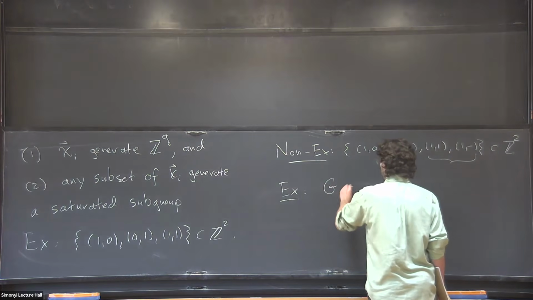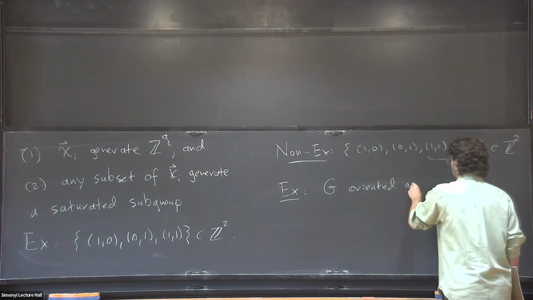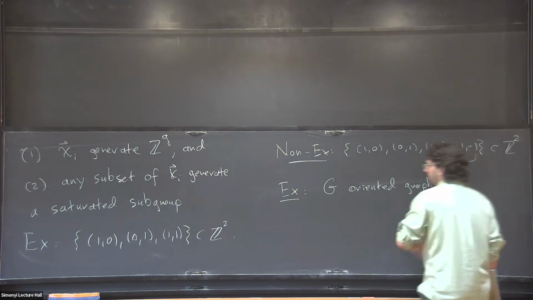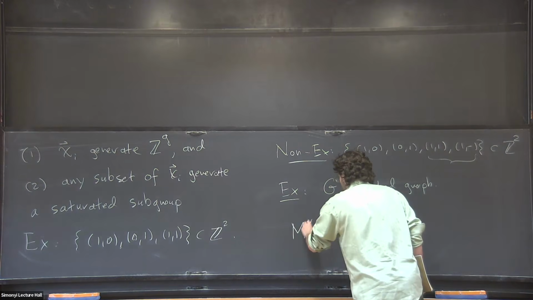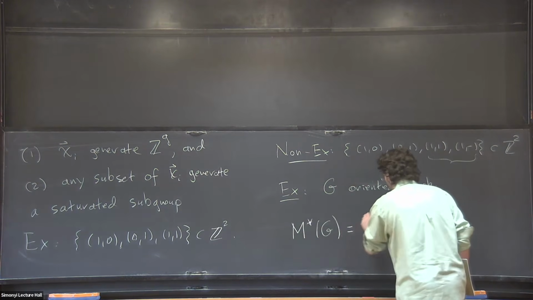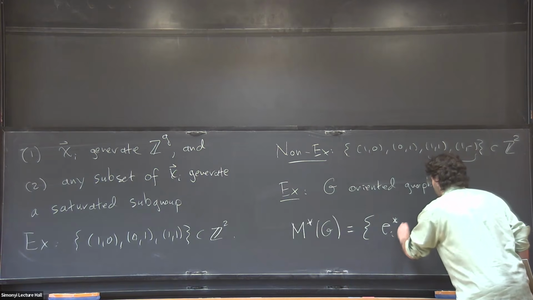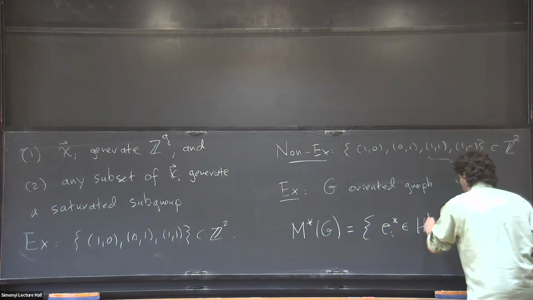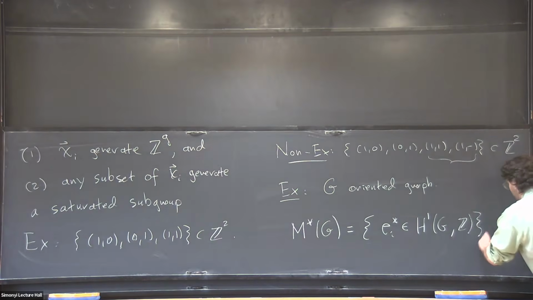So let G be an oriented graph. We'll define the cographic matroid of G to be the set of edge duals. So these are elements of the first cohomology of G with coefficients in Z, and the indexing set is the set of edges of the graph.